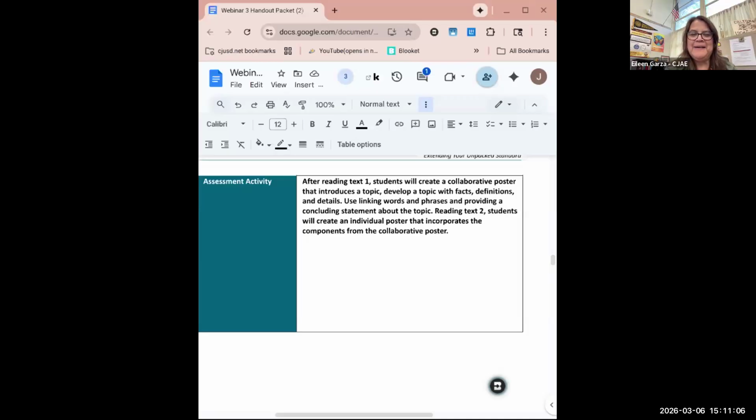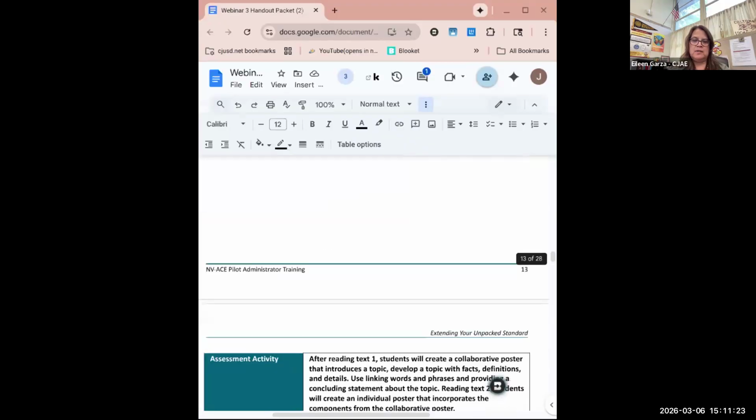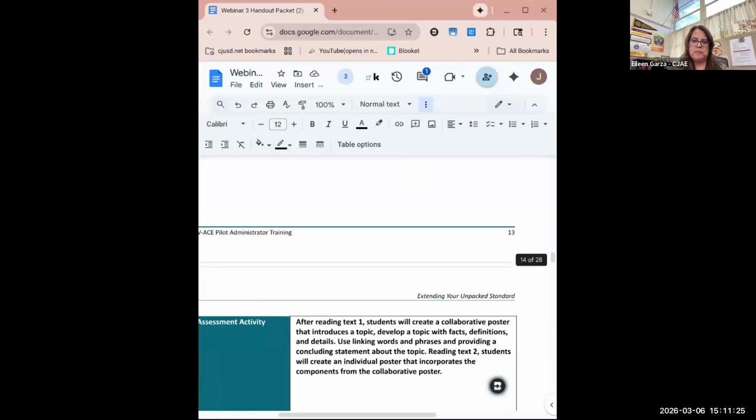Okay, sorry. So yeah, we started looking at the standard, which is what Jose let us know to do first. Then we decided how would we know that students learned that. So then we came up with the idea of our assessment activity, which is the collaborative poster. Students will do a collaborative poster together first, and then they will do an individual poster for the final assessment.